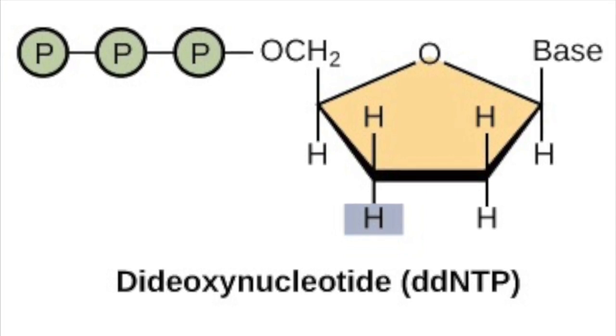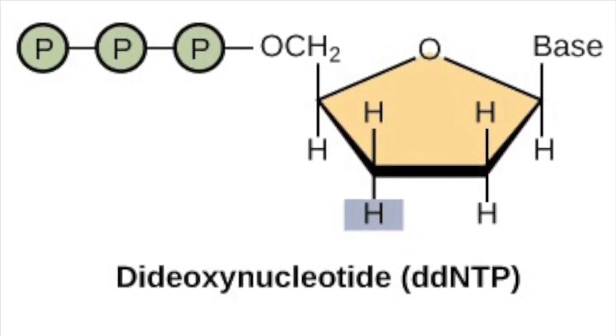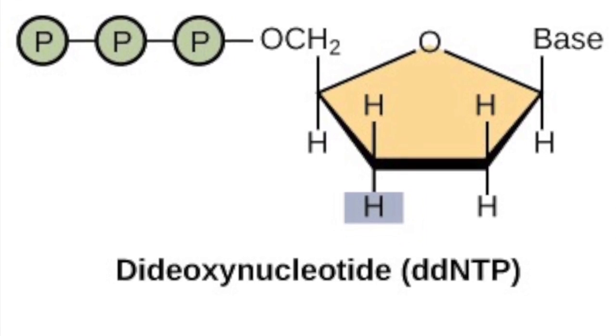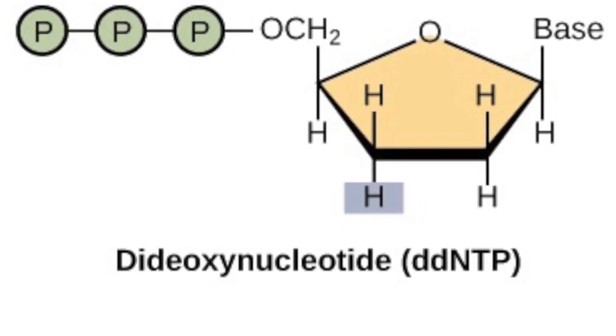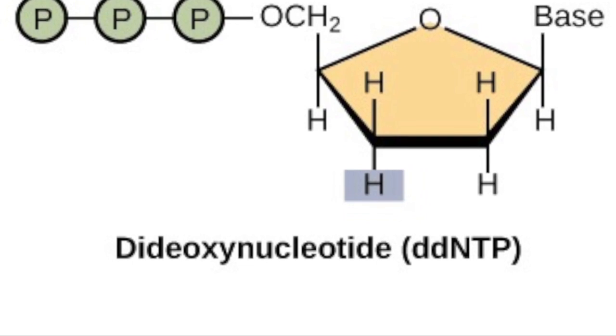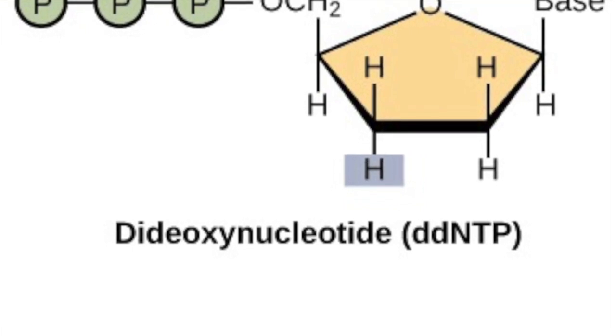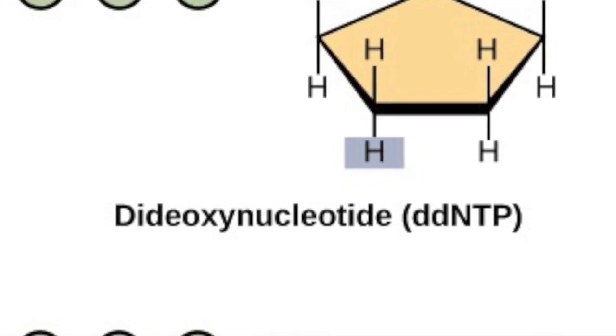Sanger sequencing involves making many copies of a target DNA region. Its ingredients are similar to those needed for DNA replication in an organism, or for polymerase chain reaction, which copies DNA in vitro.